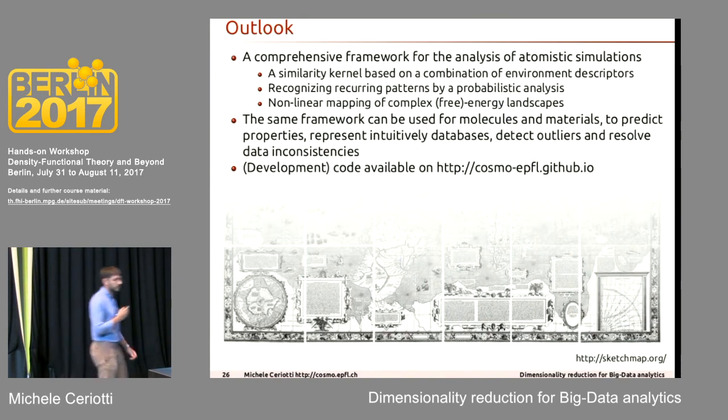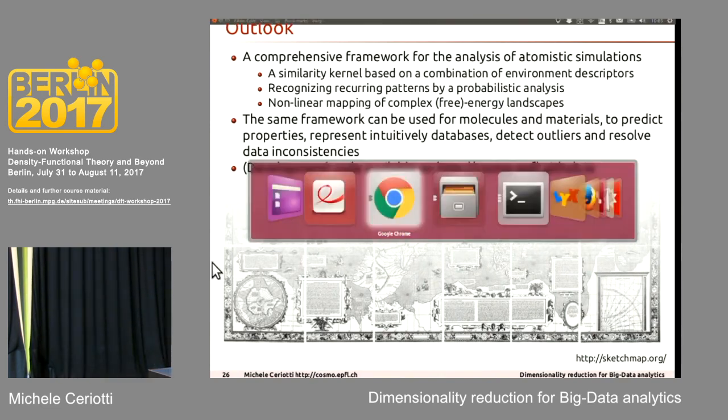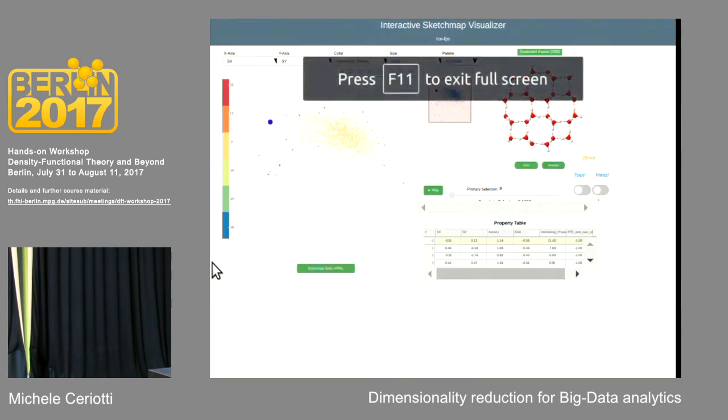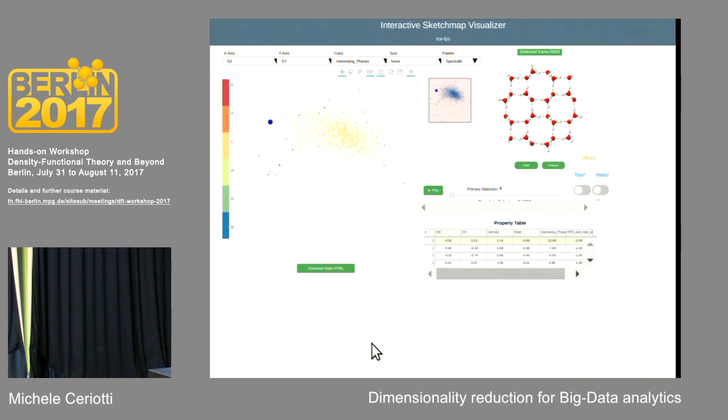So I just want to show you a sort of live demo. We are in the process of working out a web interface in which you can upload your structures and build a sketch map of them. So for instance, this is a database of about 1,000 polymorphs of ice.